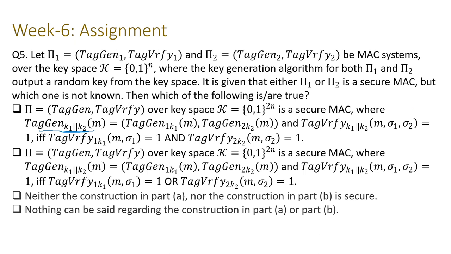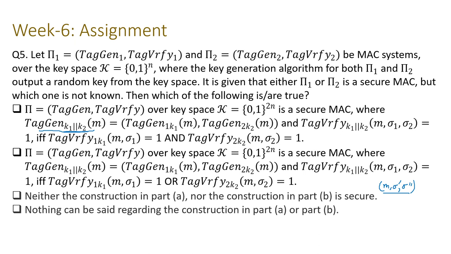So you can easily come up with some m comma sigma dash, right? m comma sigma dash, and let's say this is some sigma double dash. Okay, this is a tag.